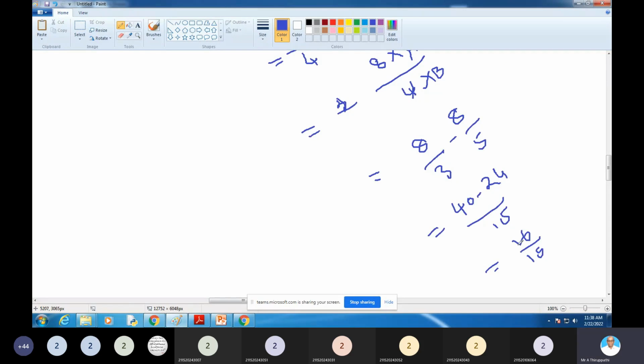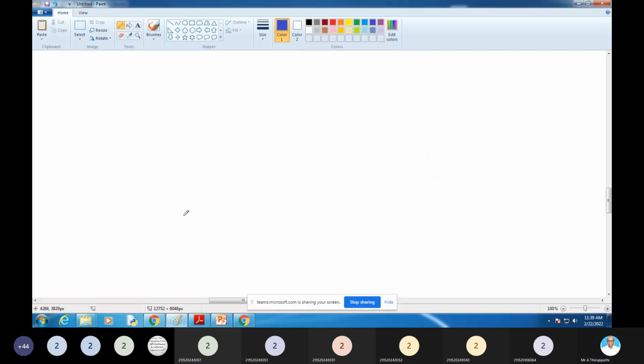Therefore, the mean of the random variable is 16 by 15. Next, one more problem is given by f of x equal to 0.25.